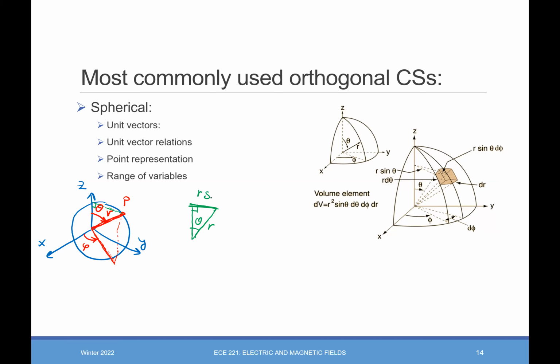So this length would be R sine theta. This is a useful variable to know. I'm going to call this P prime because it's a projection of point P on the XY plane. Okay, so now that we established, we need 3 variables. We call them R, theta, and phi.